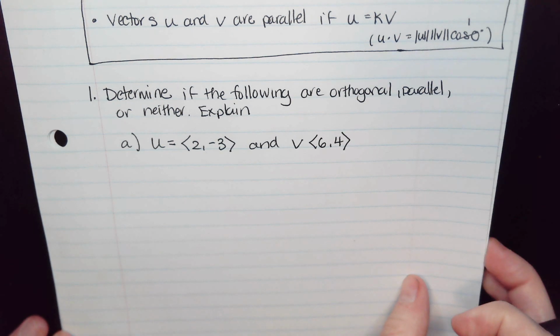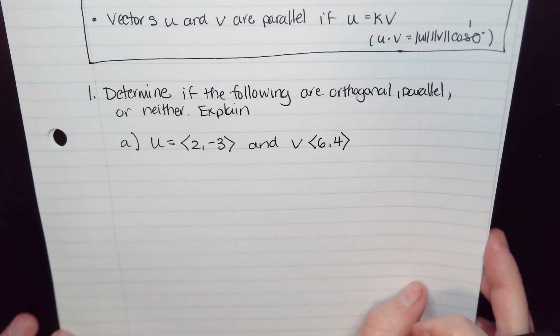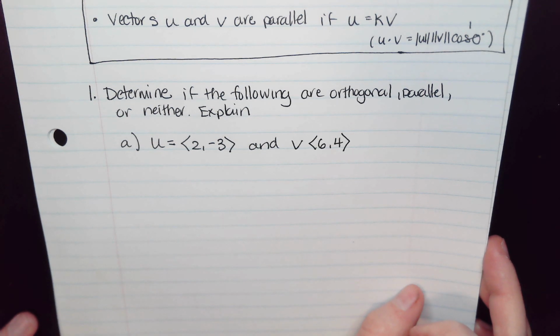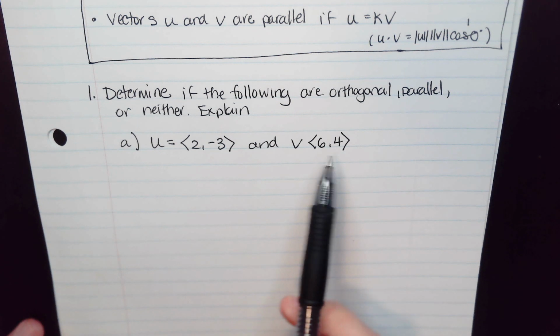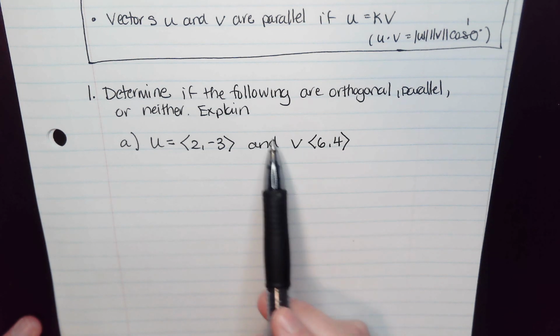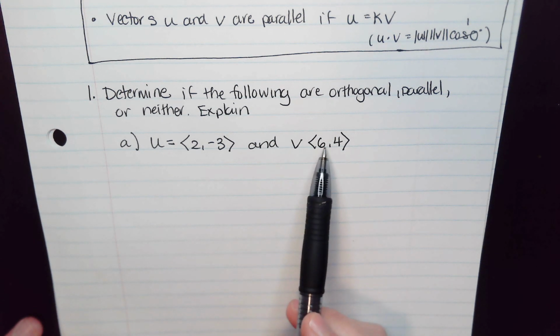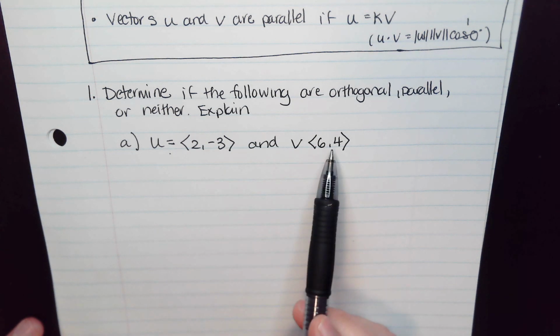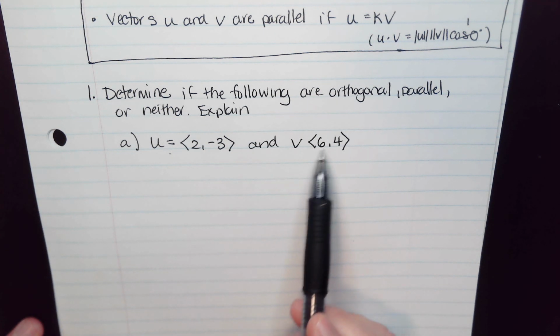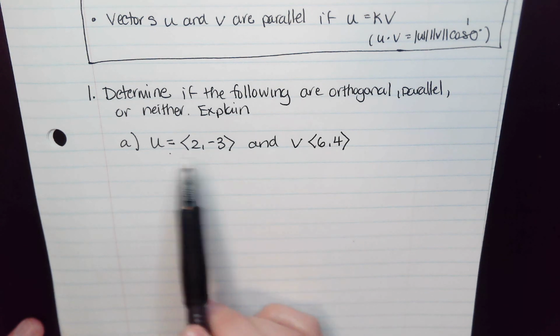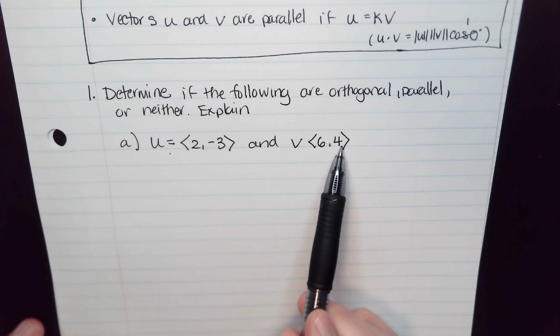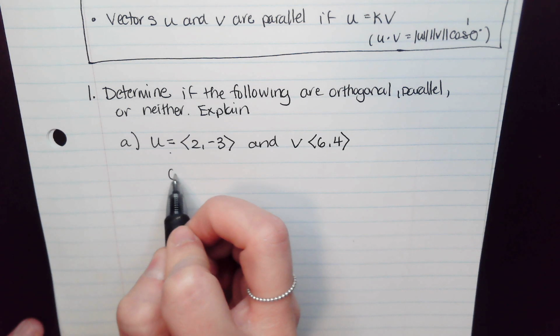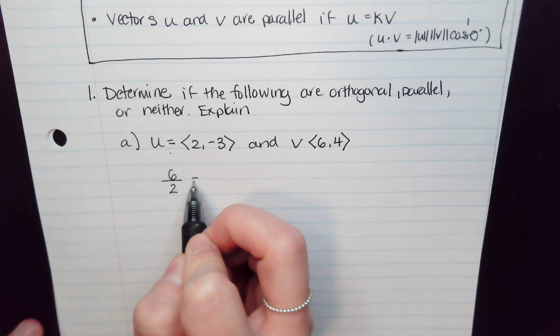So let's start by seeing if they are parallel to each other. To see if they are parallel, we're going to take one vector, it doesn't matter which one, I'm going to take v, and divide it by the other. When we do that, if we get the same thing when we divide the x component by the other x component, so let's take 6 divided by 2.